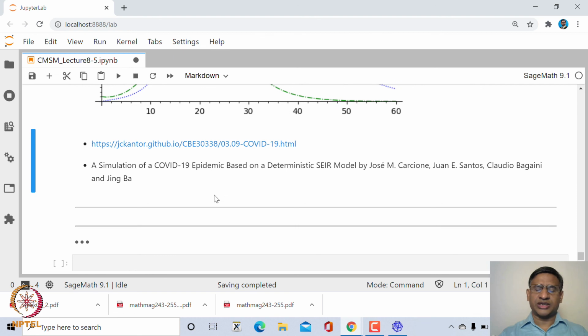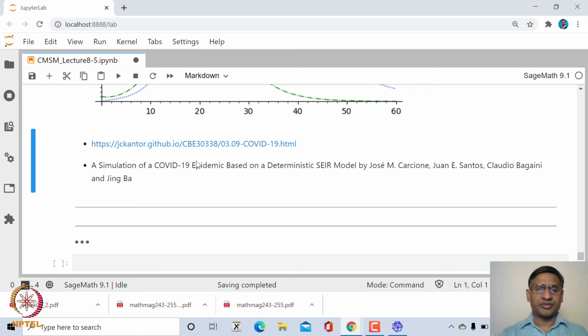As I said, if you just Google search on COVID-19 epidemic model, you will get tons of references and papers, but you can look at one of them, a simulation of COVID-19 epidemic based on deterministic SEIR model by these 4 people.